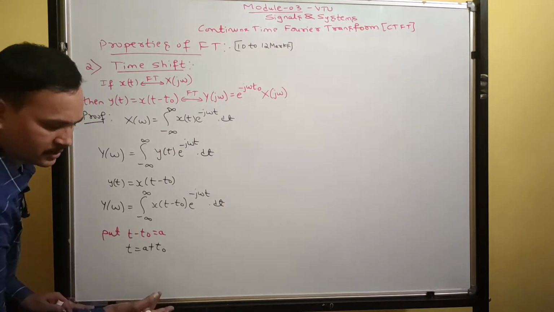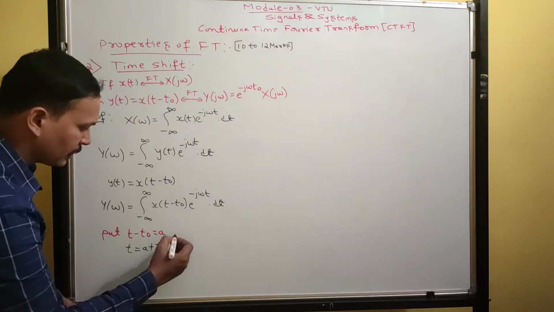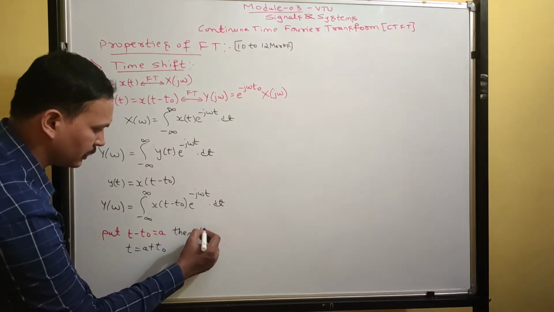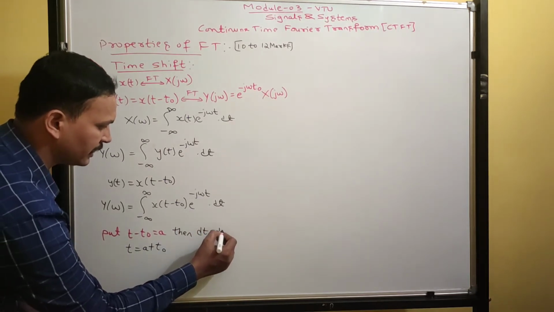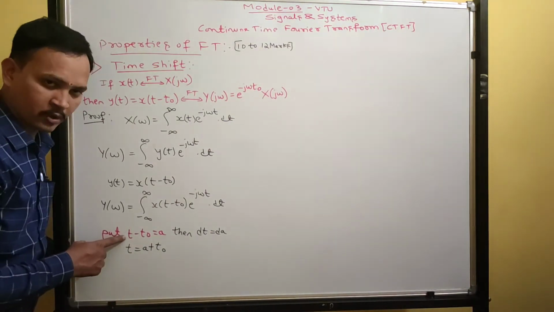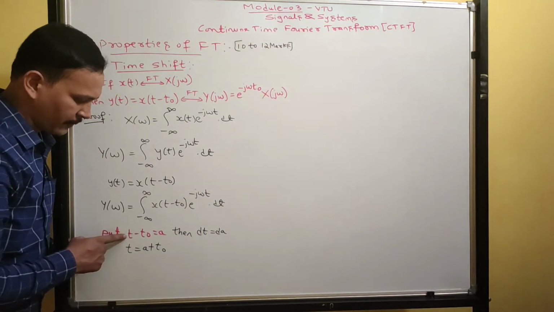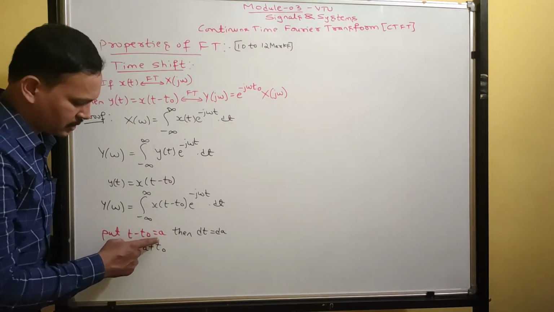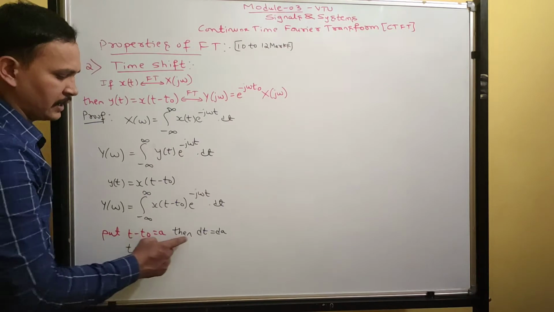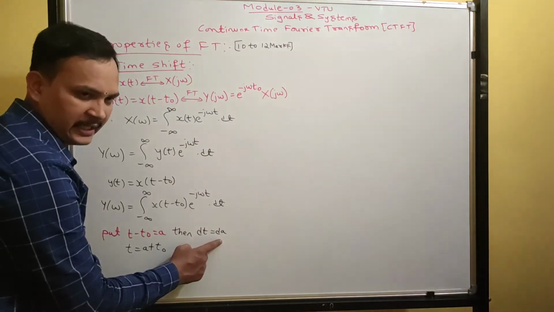Then the differential term dt will become dA, because it is time domain and we can differentiate. t naught is a shifting parameter constant, so don't differentiate it. So dt can be arranged in this way, dA.